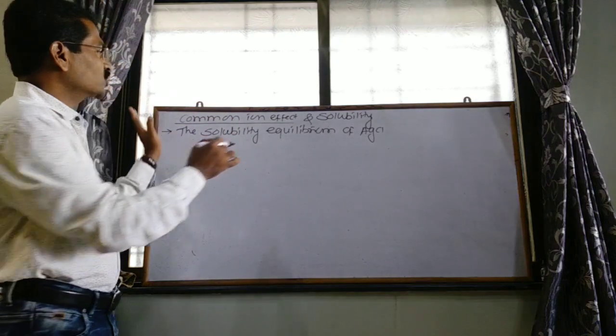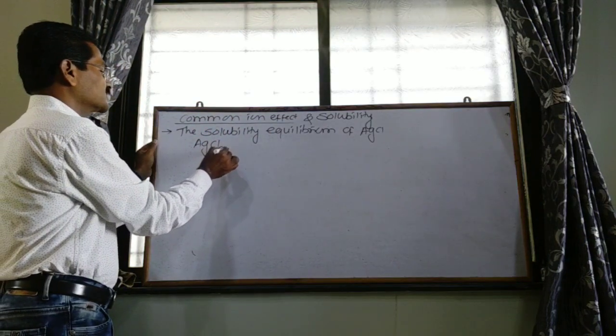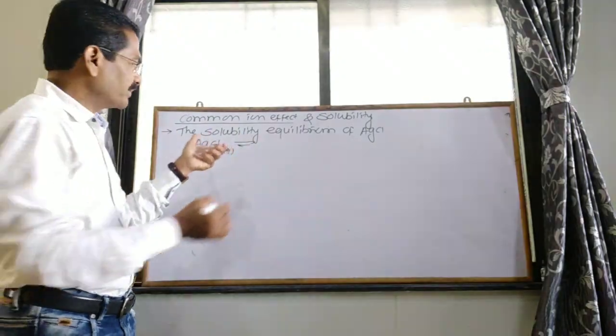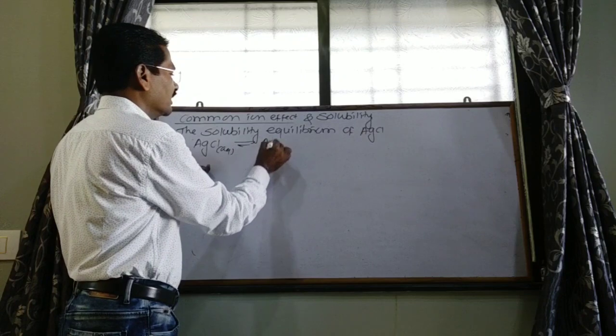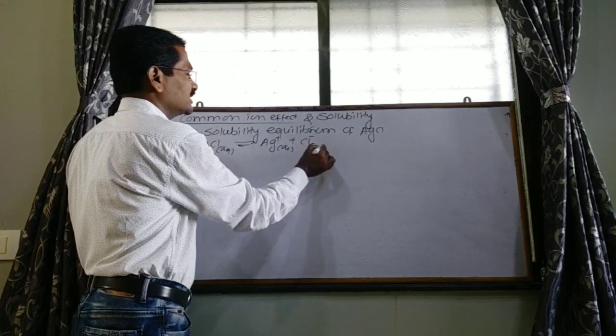AgCl in aqueous solution breaks up to give Ag plus and Cl minus ions.